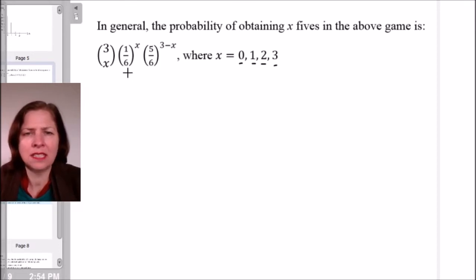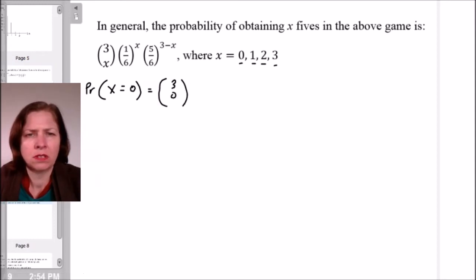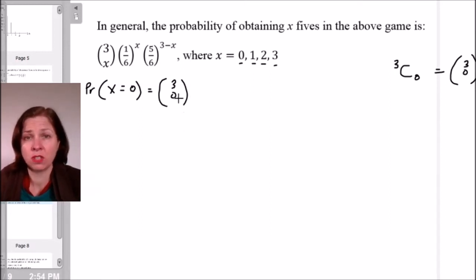Now the 1/6, let's look at this. The probability that x equals 0 is going to be, well, when x is 0, I get 3 choose 0. And that, of course, is this. All right, that's the same notation. And I haven't done that revision with you guys. I'll do that in just a sec.